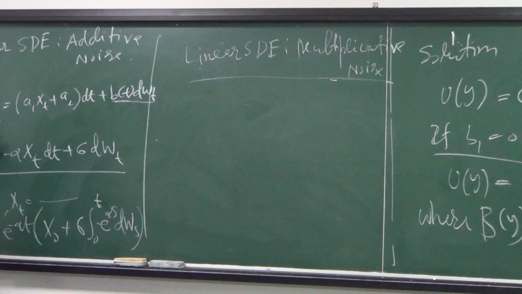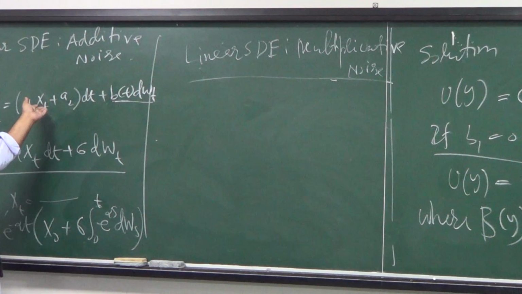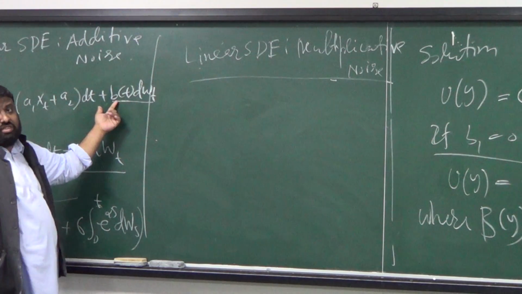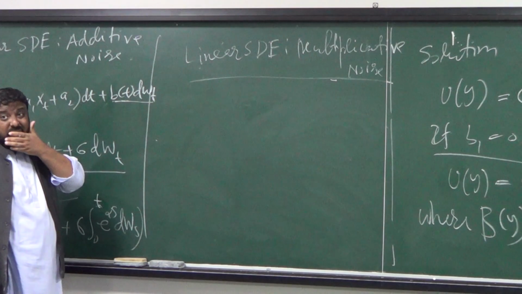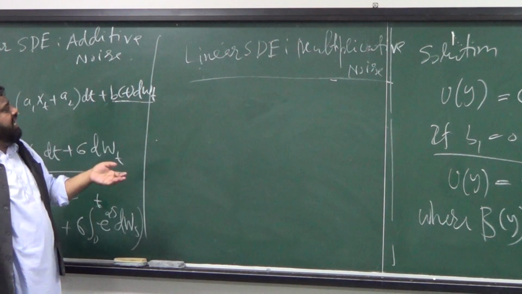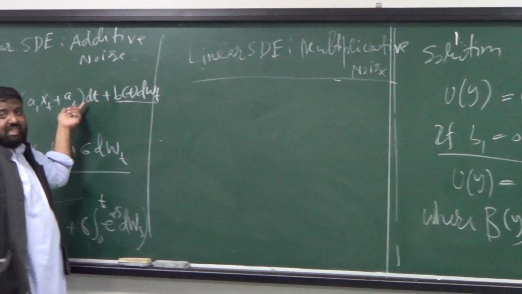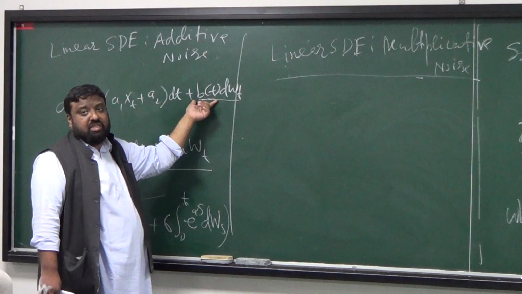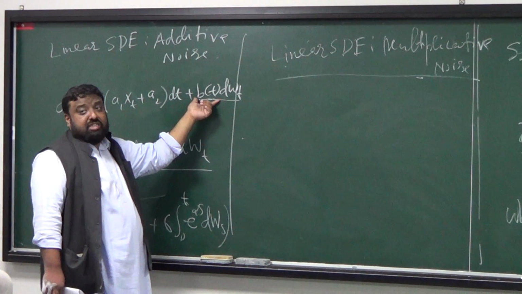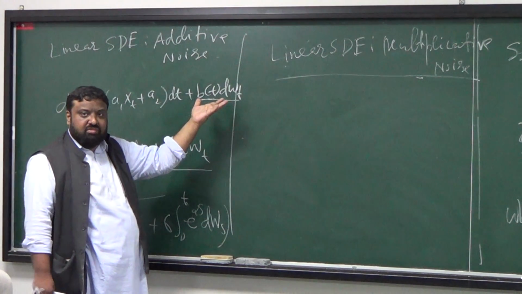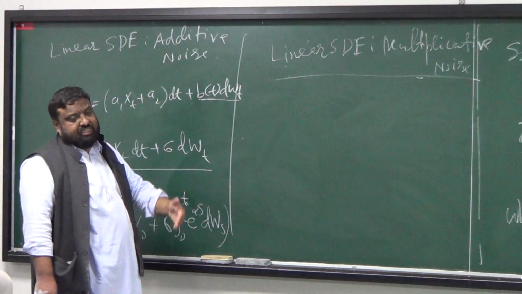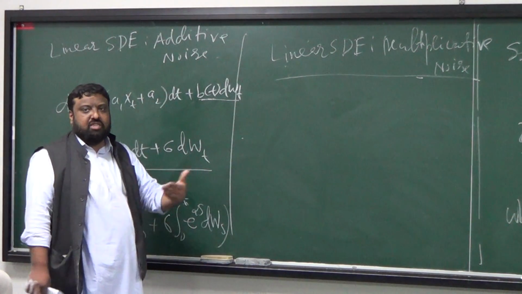When we do some applications, you will see that the drift and diffusion have a beautiful meaning. By additive noise, I mean the diffusion is deterministic. If the diffusion also depends on x(t), we call that an SDE with multiplicative noise. Hence the diffusion itself becomes stochastic, and that adds another layer of complication to the problem.